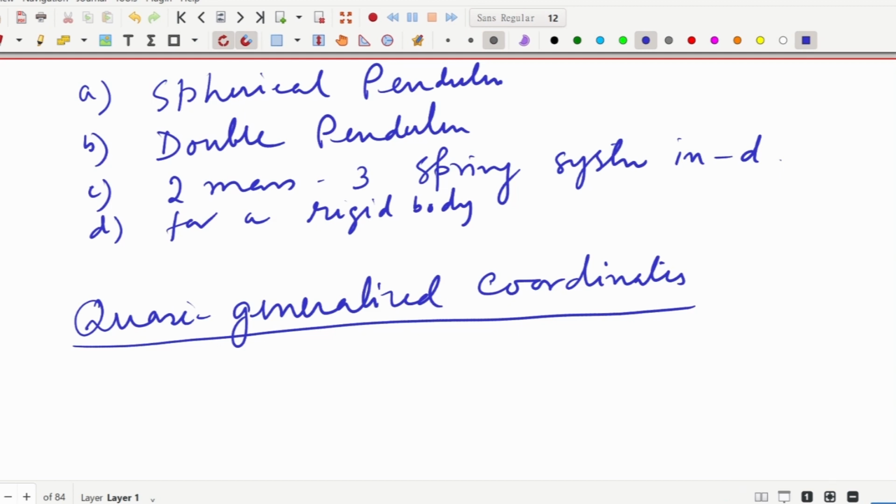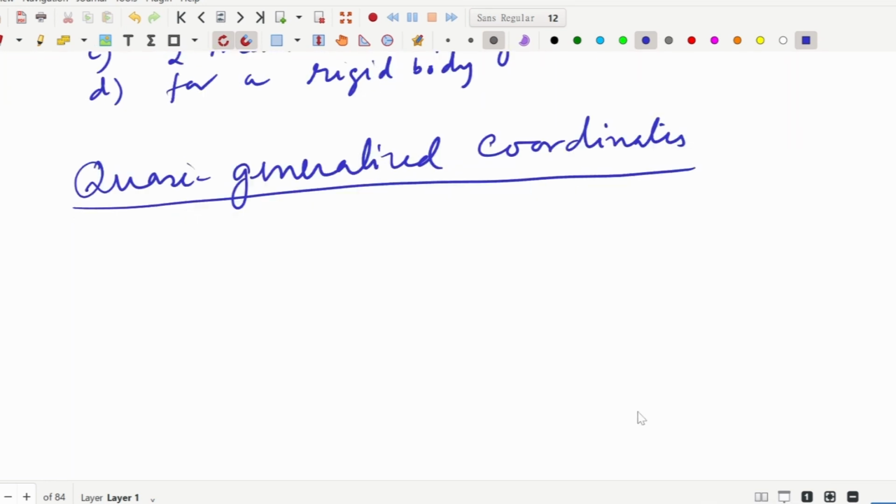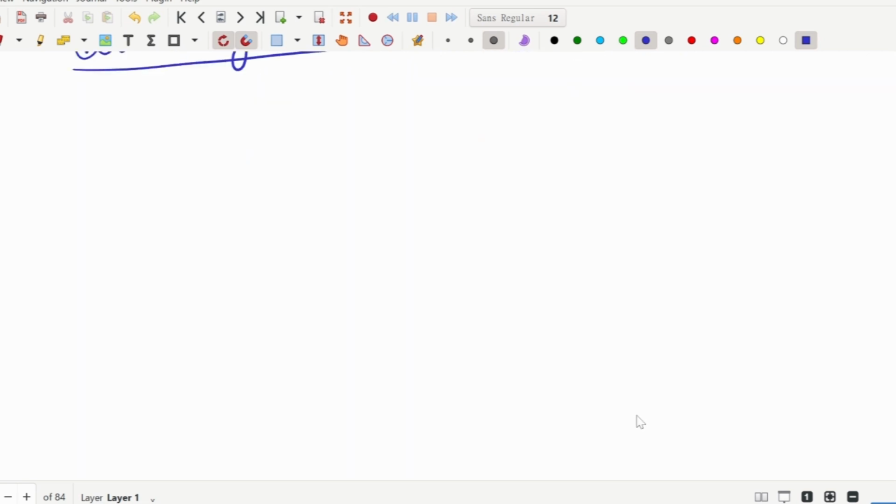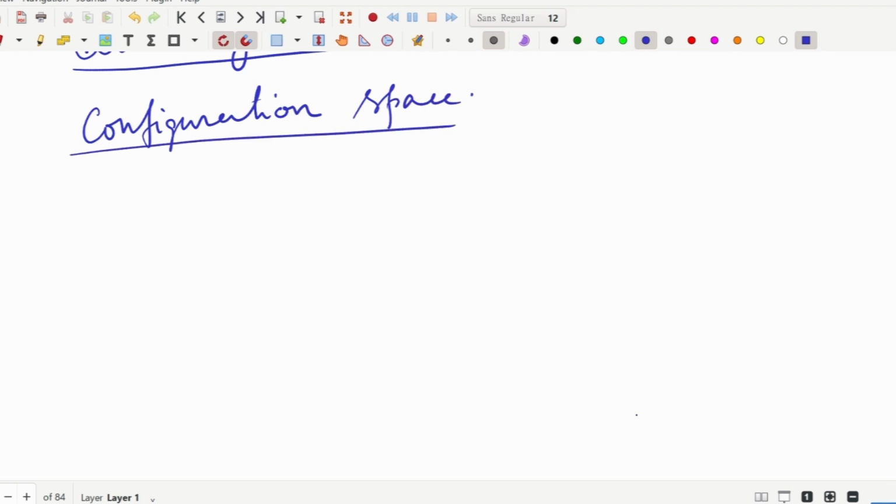Next class will be a tutorial class, where we will consider some examples where quasi generalized coordinates are present to clarify this issue. Before I finish this lecture, I'll define the meaning of configuration space.